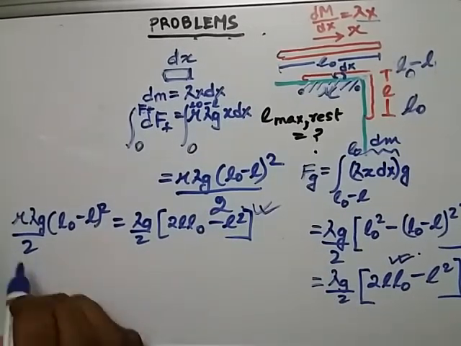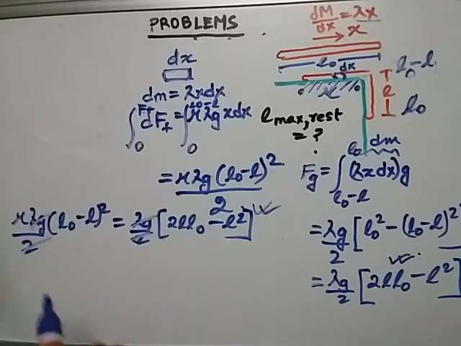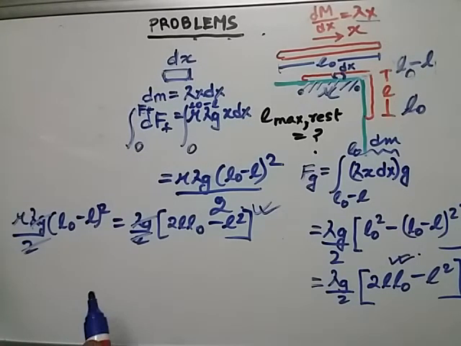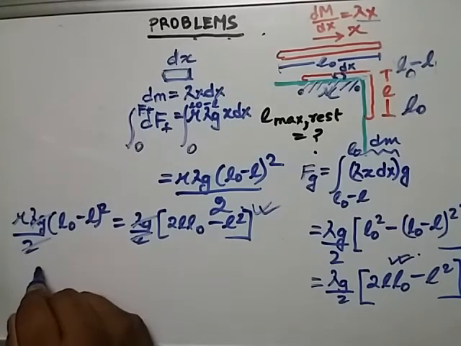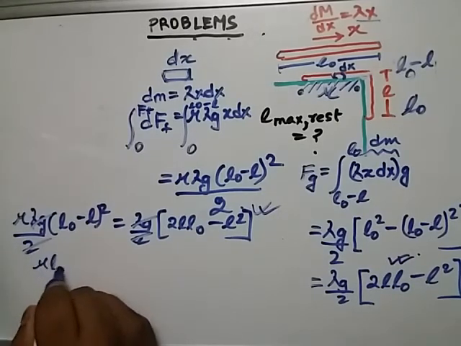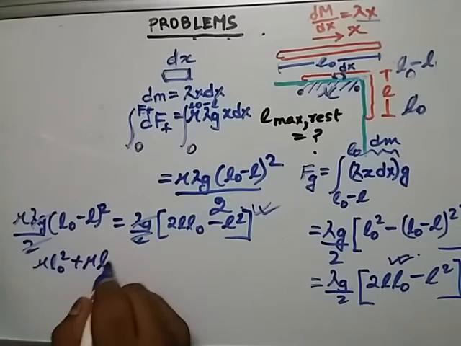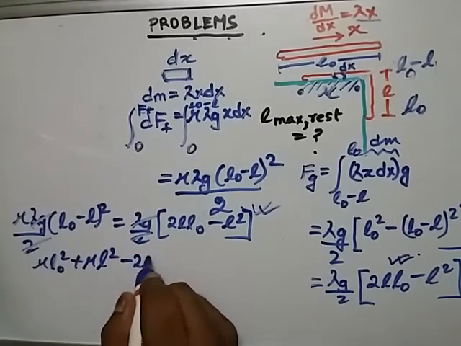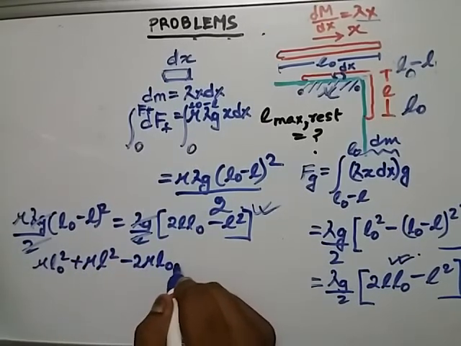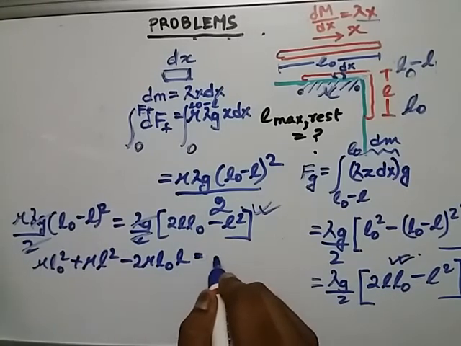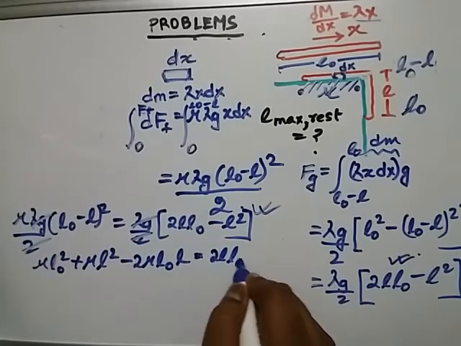Fine. This 2 cancels, lambda g cancels. So now we get a quadratic equation in terms of L. So let's see what it is. Mu L0 square plus mu L square minus 2 mu L0 L equals 2L L0 minus L square.